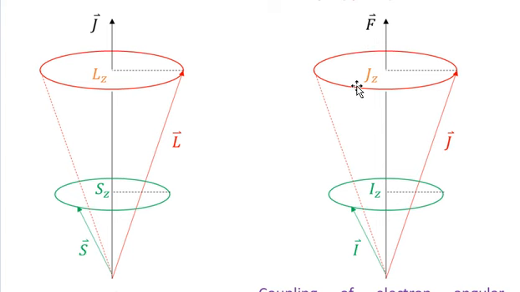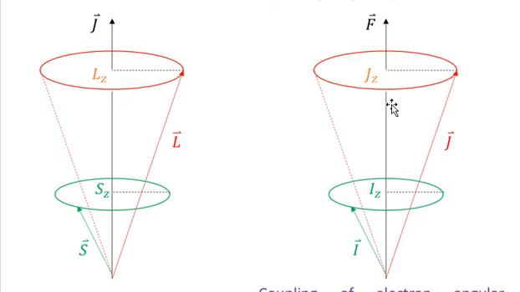I have also shown the z components, Jz of the vector J and Iz of the nuclear spin angular momentum I. I have also shown these two loops: the tip of the vector I carries out a precessional motion about the vector F in the green loop, whereas J carries out a precessional motion about F following the red loop.